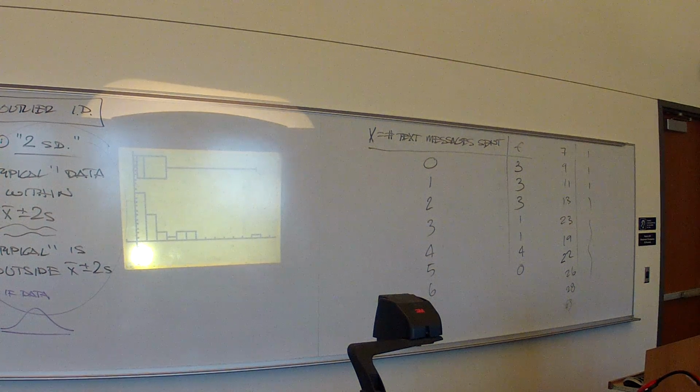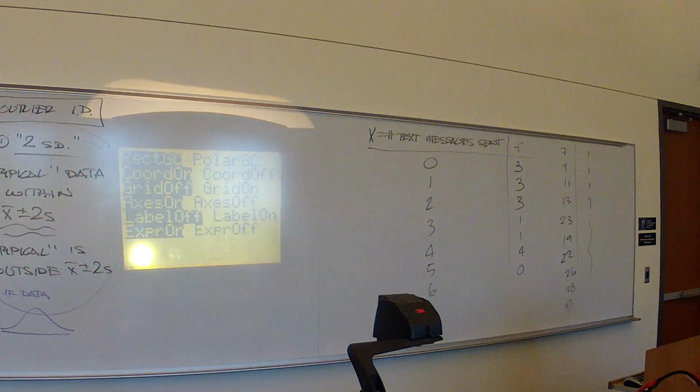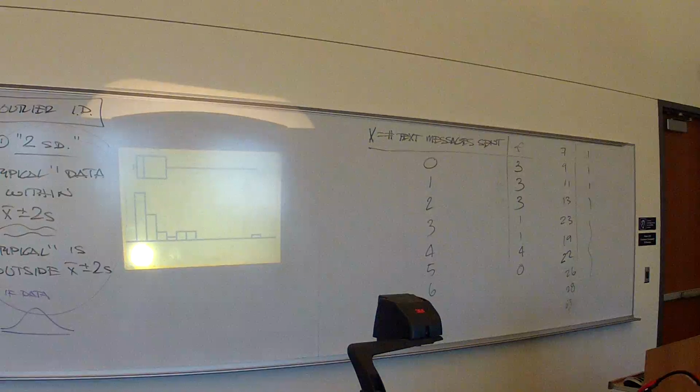You don't want to do this very often: press second zoom, and then you see where it says axes on, axes off. We'll turn that off, just real quick, and then we'll just get the histogram with the box plot. The reason I wanted to do that was the y-axis was getting in the way of that little tiny whisker way out there on the far left. So now we can actually see it a little bit better.